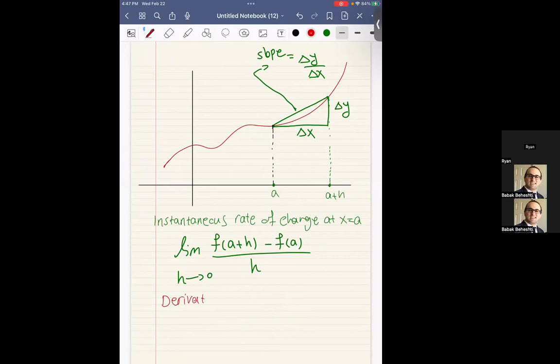And we write it as f prime of a. When I say f prime, it means the derivative of f at a.